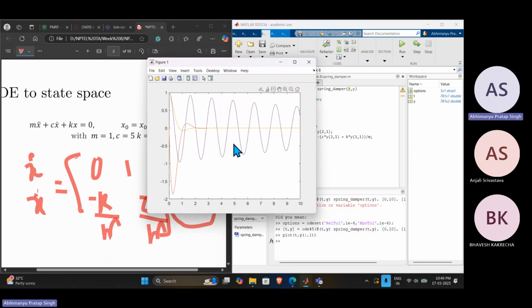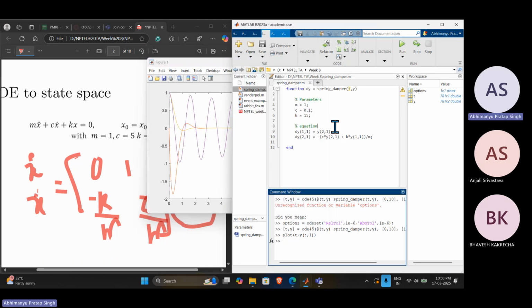Yeah, so now we get an oscillating solution. So a higher value of damping means that the solution decays very rapidly, and a small value of damping means that we get oscillatory solutions. So this is clear to everyone, the spring mass damper.